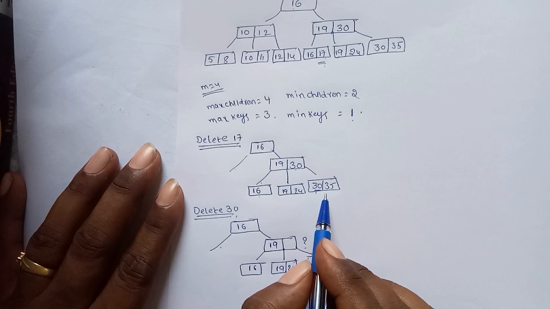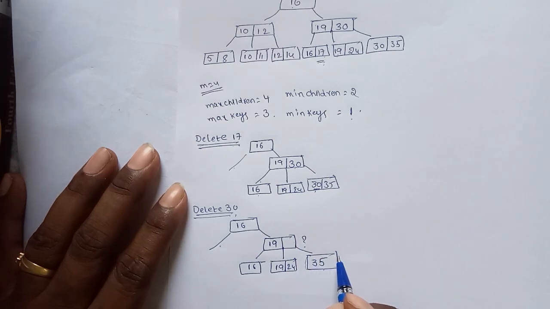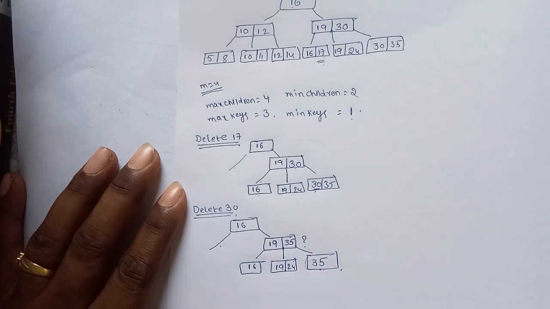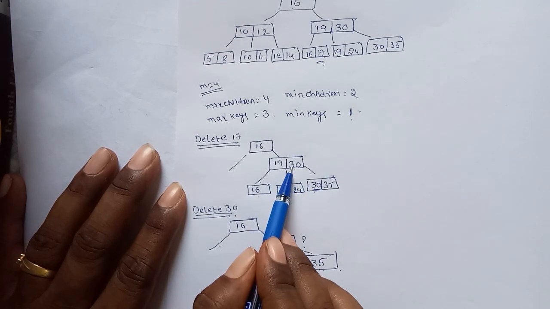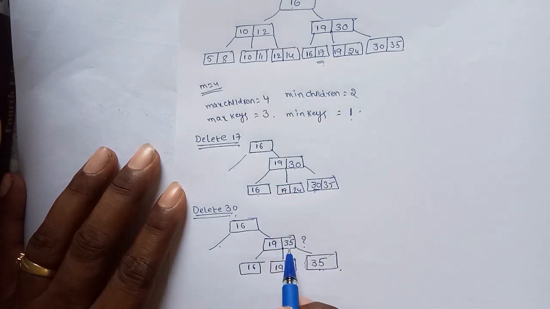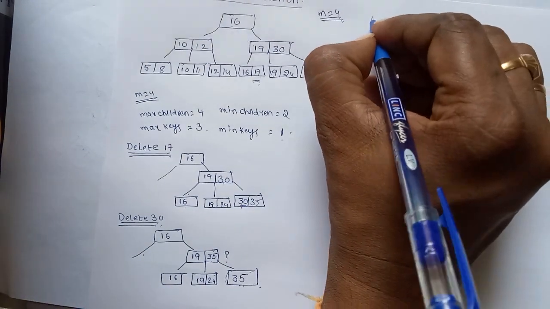Remember, whenever this type of situation occurs, the smallest value on the right children is placed. Here it has only one value, so simply replace with 35. Delete completed.